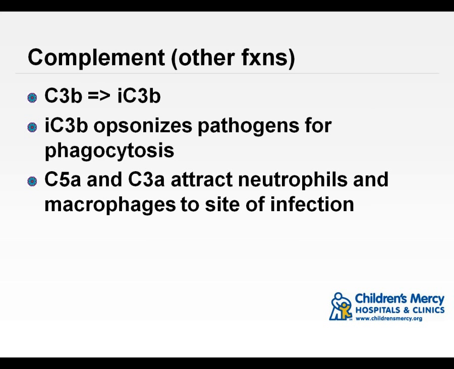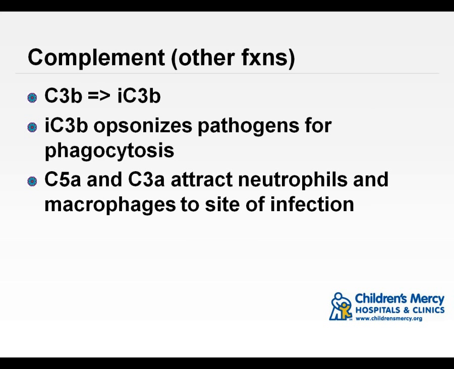It grabs onto pathogens and essentially decorates them and makes them more attractive to phagocytes. So when a pathogen gets covered with this iC3b, it's a sign that the phagocyte should come along and destroy it, or eat that pathogen up.